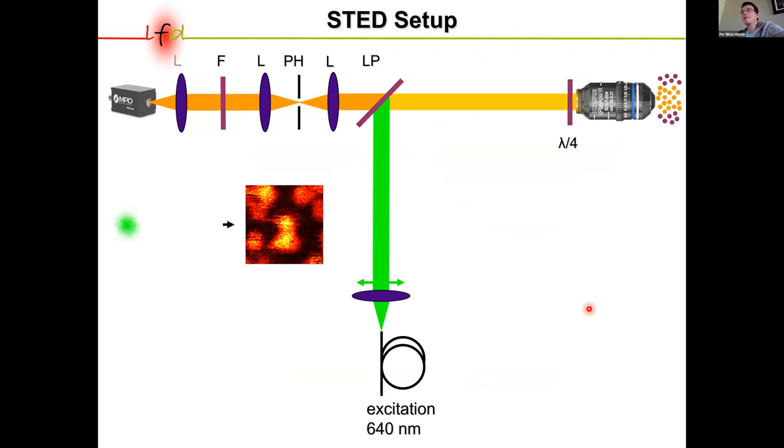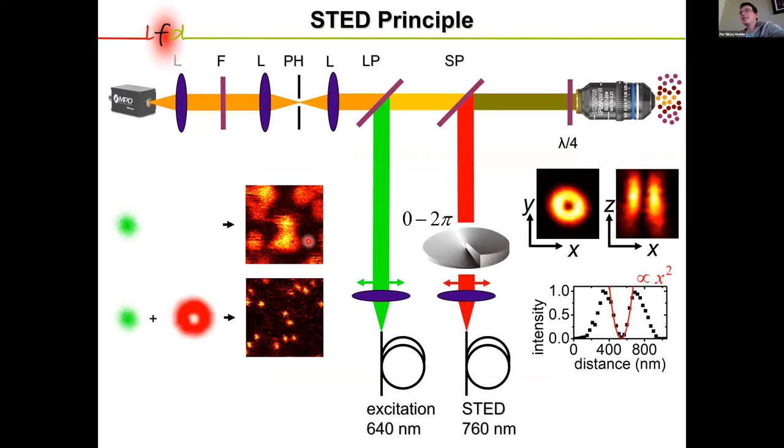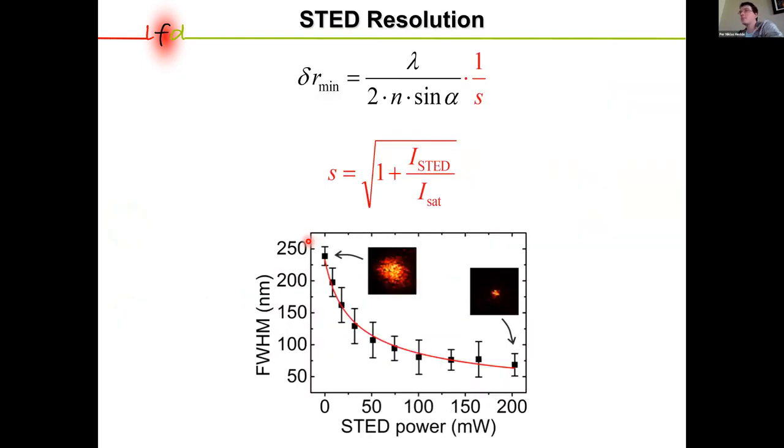You see a regular confocal microscope with an example image of fluorescent beads, and when you apply the depletion beam you can shrink down the effective point spread function and end up with higher spatial resolution.